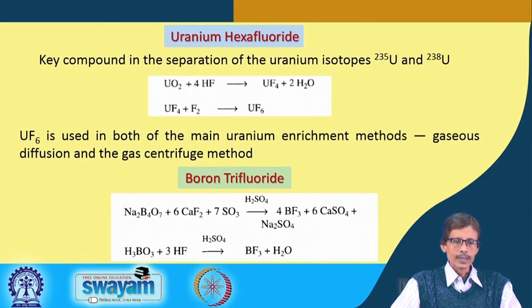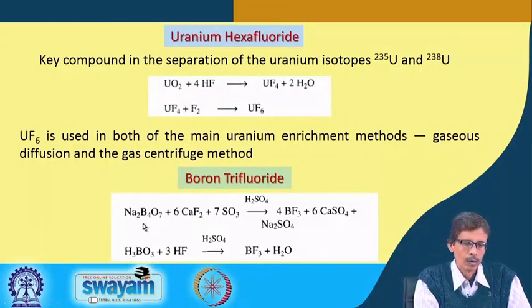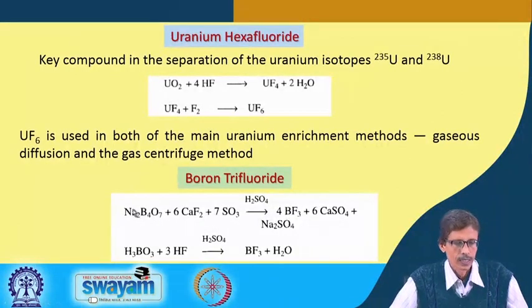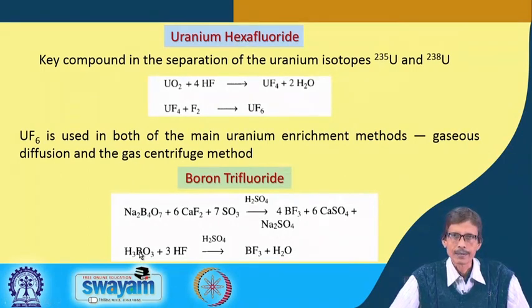And this particular thing, that means another indirect way: if you go for your borax, and you convert this borax to boric acid instead of directly going for your boron trifluoride.